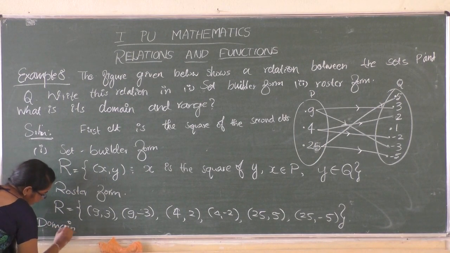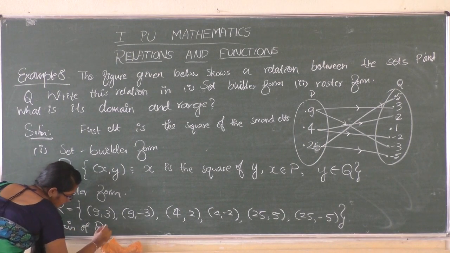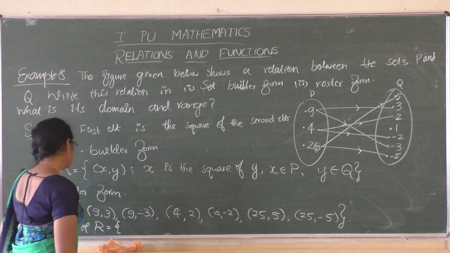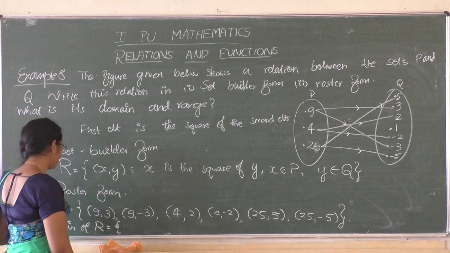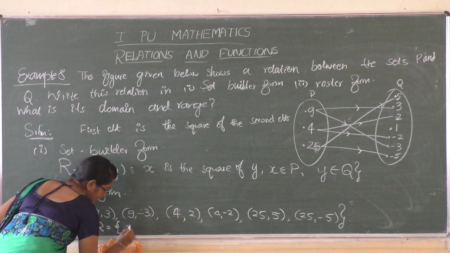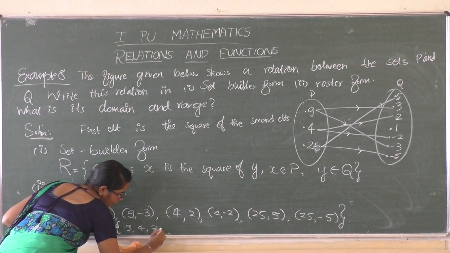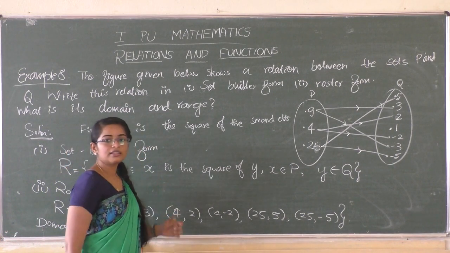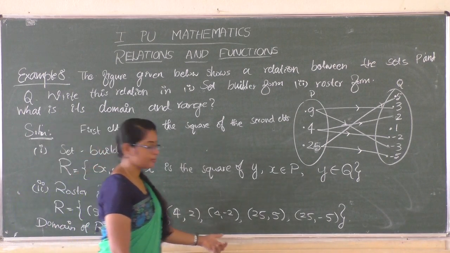Domain of the relation R is, by the definition, what is it, students? It is the set of all first elements of the relation. That is 9, 4, 25. Is it visible here? I think it's visible.